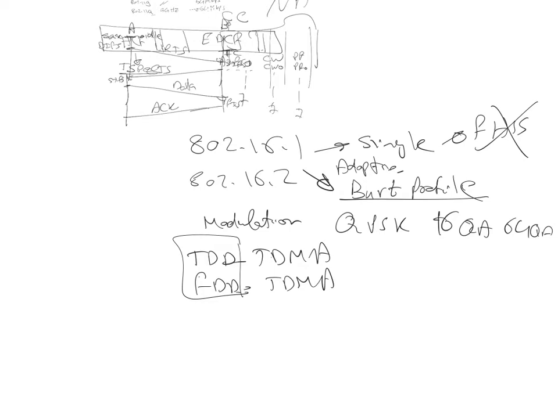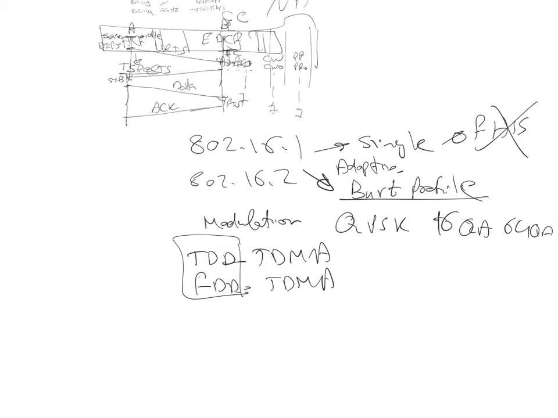Well, for DCF, remember, all of us are the same, even the access point. The access point is one of the distributed nodes. So it can try to access the channel whenever it wants, and it can go through collision. Because DCF is based on distributed coordination, not centralized coordination. So whether uplink or downlink, it doesn't matter because the collision happens either way. But here, we're trying to eliminate collision completely.